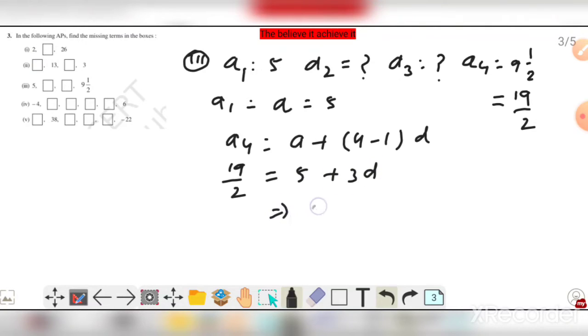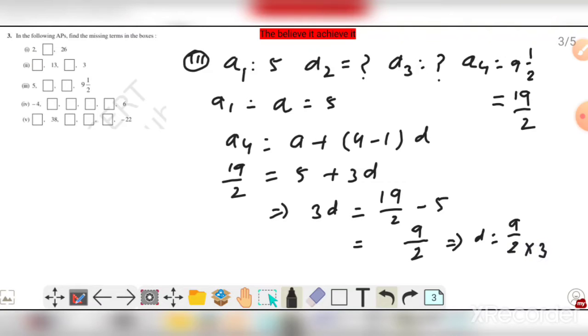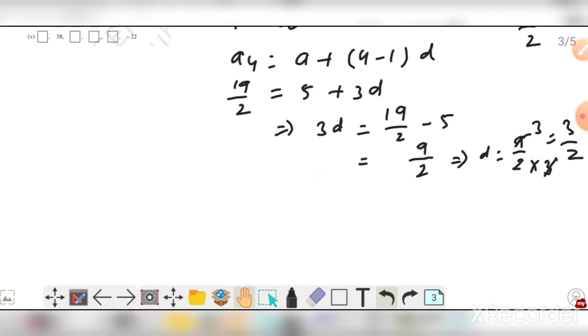So 3D equals 19/2 minus 5 equals 9/2. So D equals 9/2 divided by 3. So this will be 3/2. So we got the value of D.